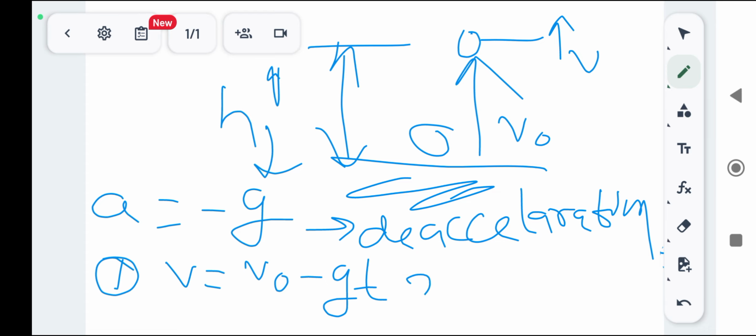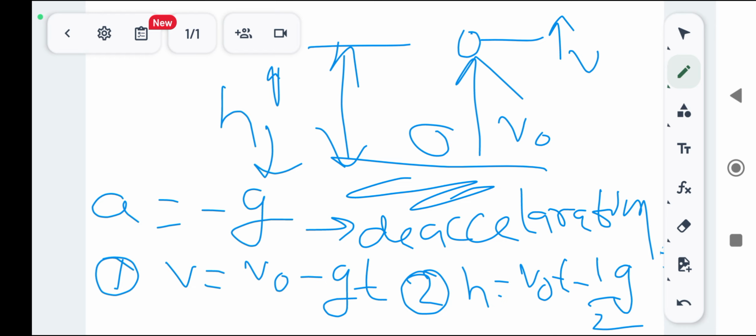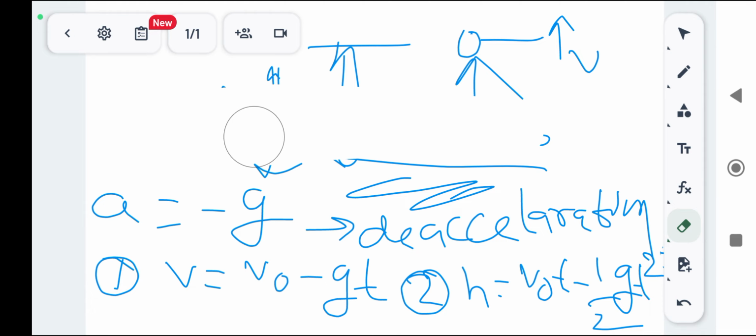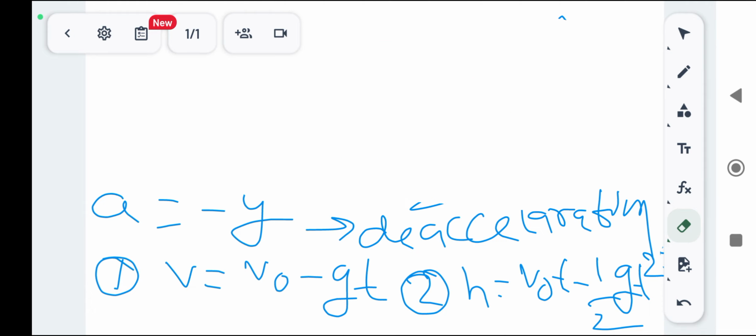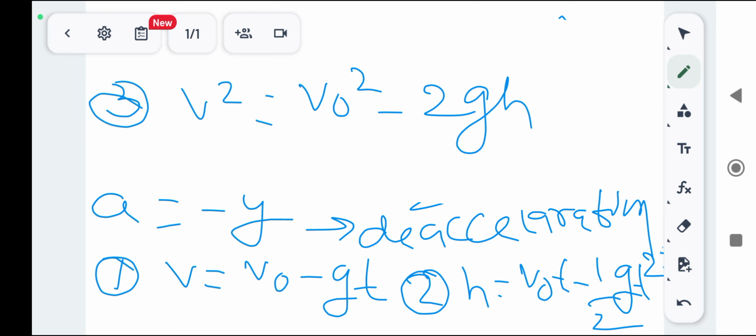The second equation, h equal to v0 t minus half gt square. And the third equation is v square is equal to v0 square minus 2gh. These are the kinematic equations for uniformly accelerated motion.